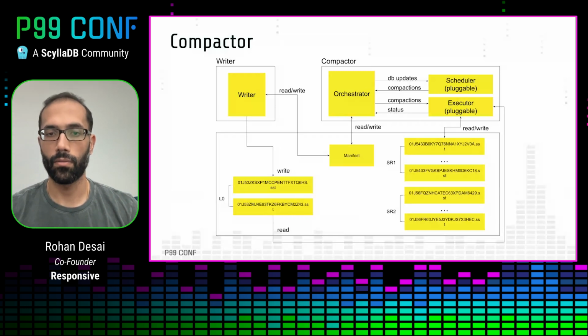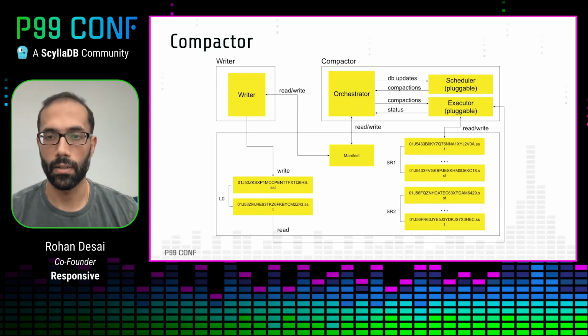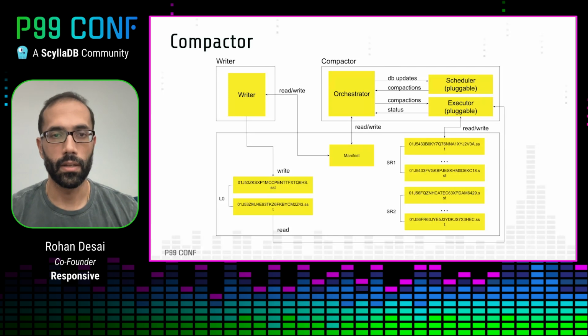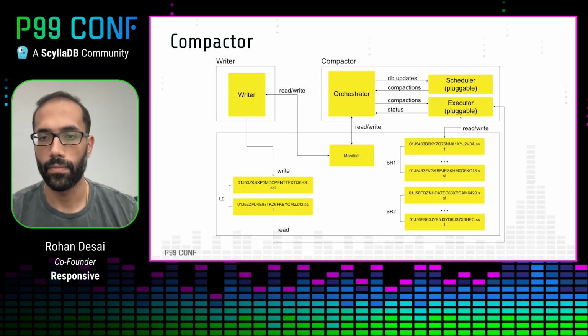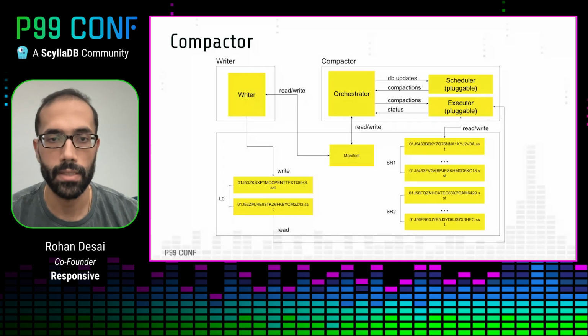Right now, that runs directly in the compactor process, but it's also pluggable, so we can support other executors. So, for example, if you want to take a really heavy compaction and run it on a spot instance that has a bunch of resources but is short-lived, you can do that to keep costs down.